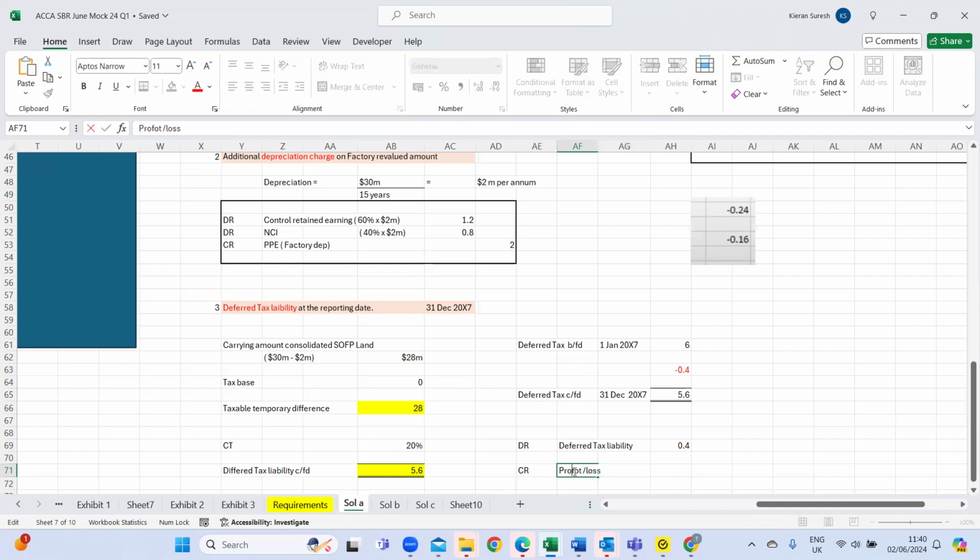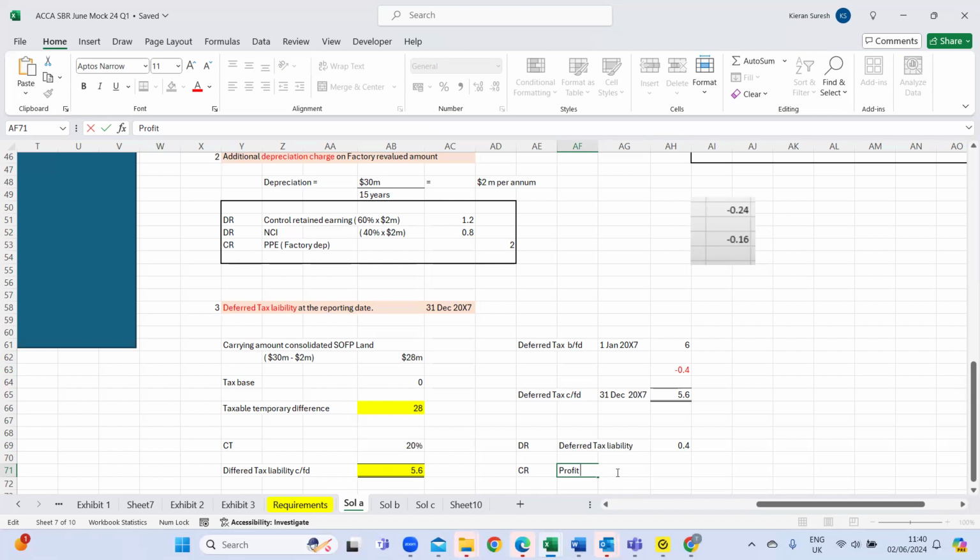We can't take this to the profit and loss account now. NCI has a share in the subsidiary's profit, not in the parent's profit. Any item that impacts the subsidiary, NCI needs to be involved.